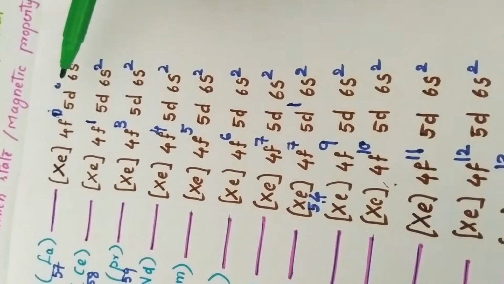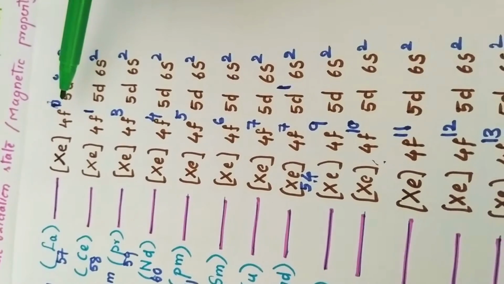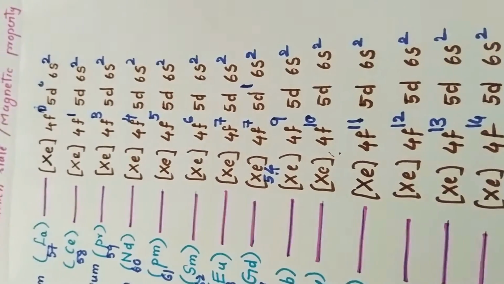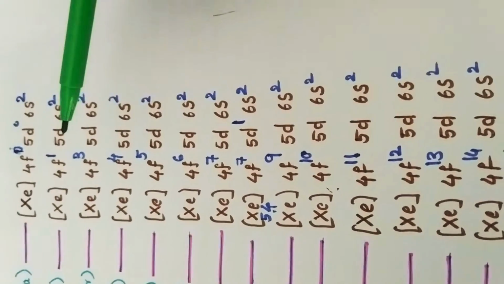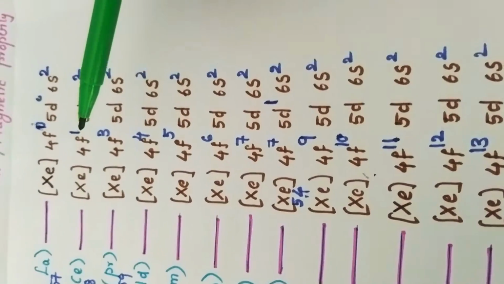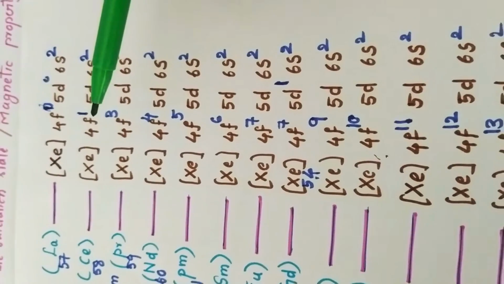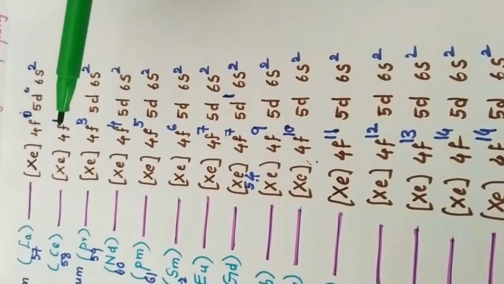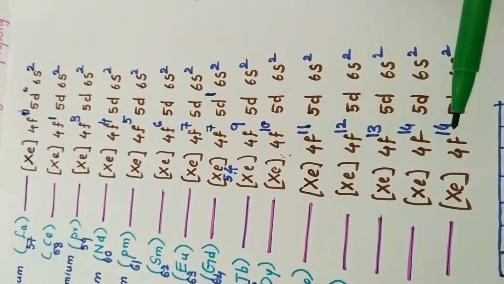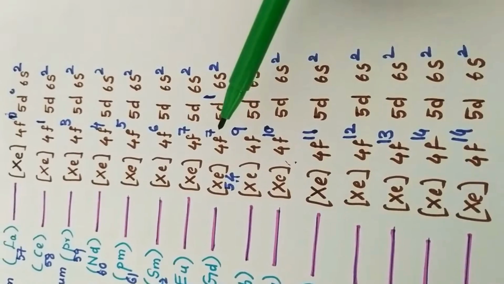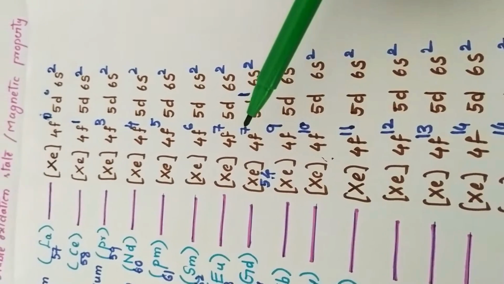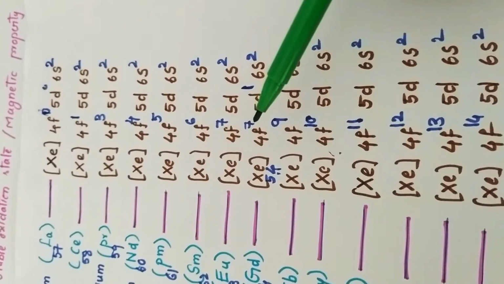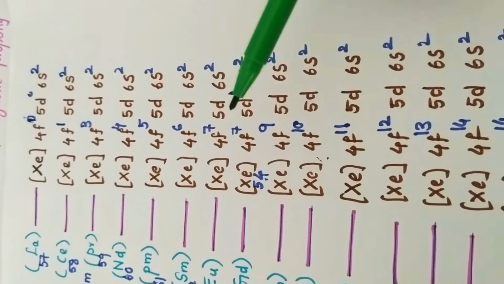Just try to remember, students, you have to skip the numbers 2 and 8. Why do we skip those two numbers? If we observe the splitting pattern of the F subshell, there is a greater chance of distortion when there are 2 electrons and when there are 8 electrons. Also, instead of 8 electrons it tries to have 7, because an exactly half-filled configuration always gets high stability.